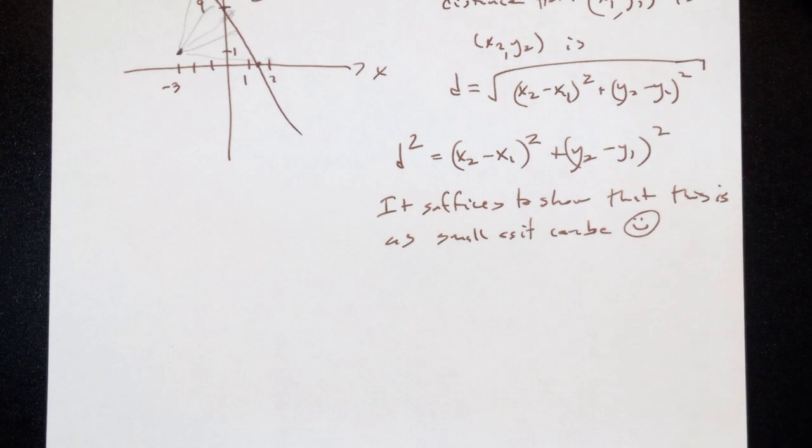I now need to somehow involve my point and my line. How do I change this equation to involve my point and my line?